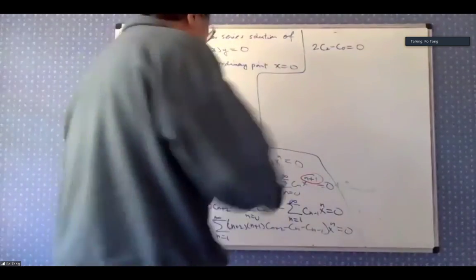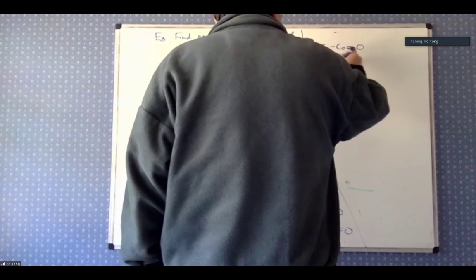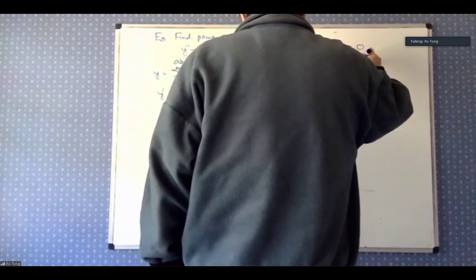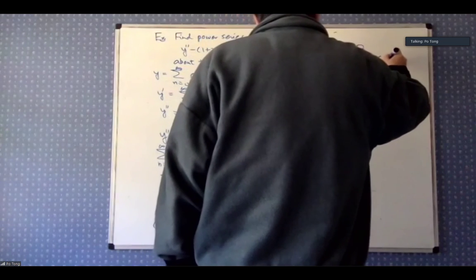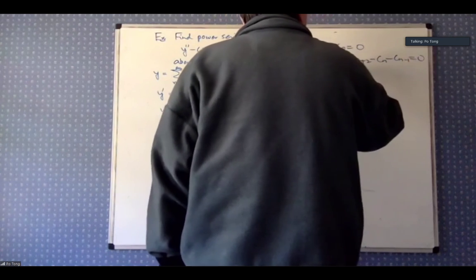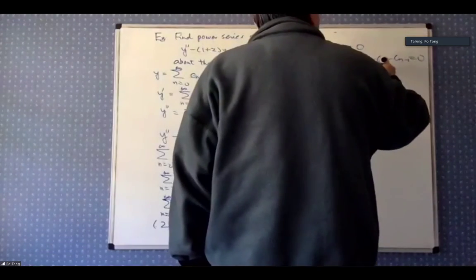And then we will have (n plus 2)(n plus 1) Cn plus 2 minus Cn minus Cn minus 1 equal to 0, for n equal to 1, 2, 3, 4, and so on.